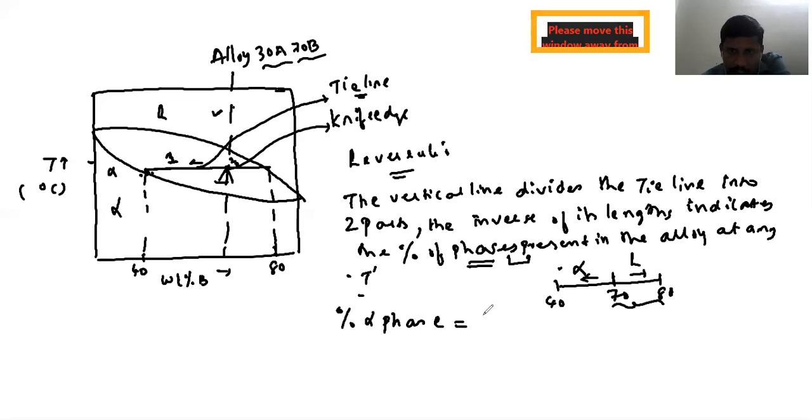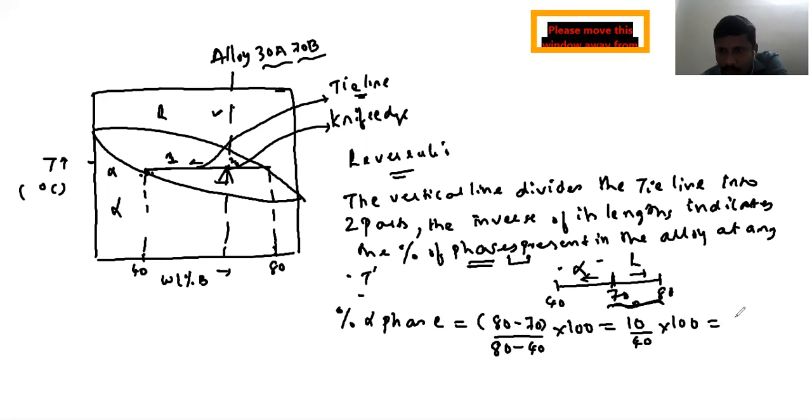It is equal to 80 minus 70 divided by 80 minus 40, into 100. If you simplify this, it comes to 10 by 40 into 100, so it comes around 25 percent.